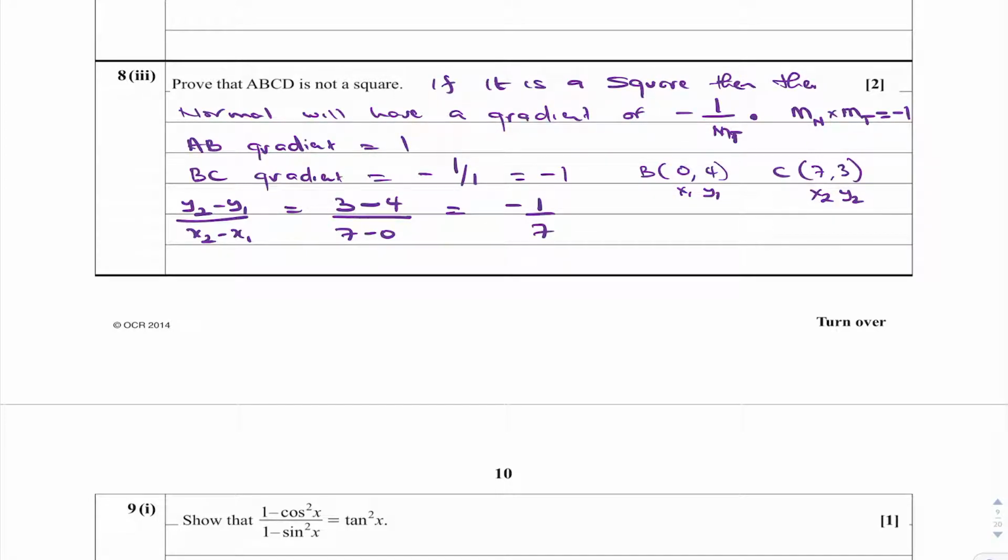So therefore, the gradient of AB equals 1, and the gradient of BC is not equal to minus 1. Hence, it is not a square.